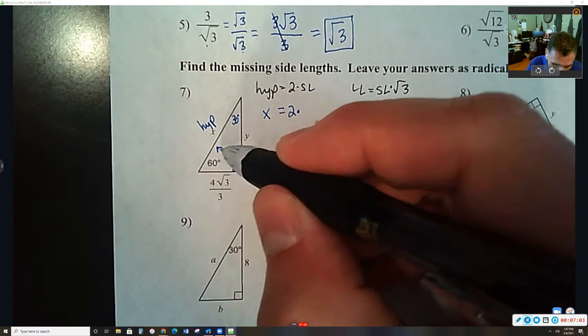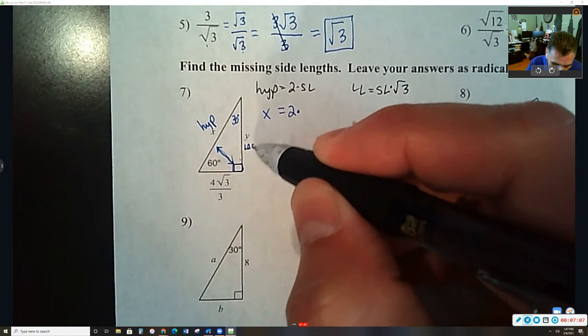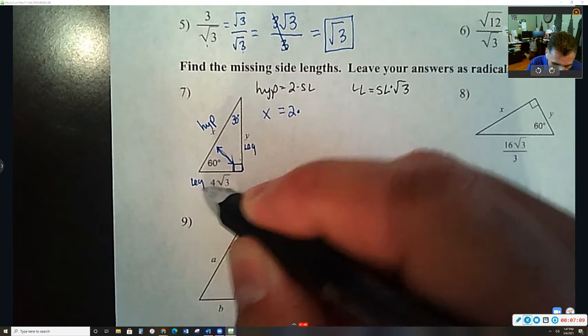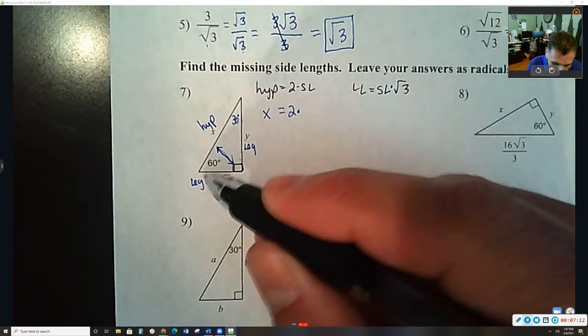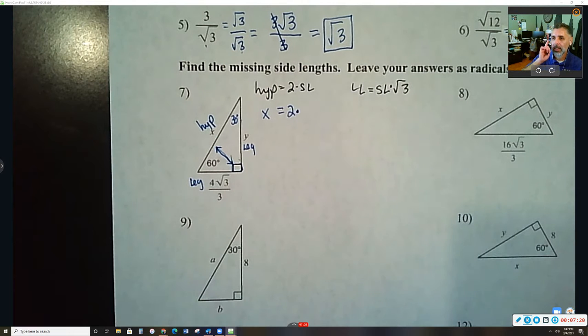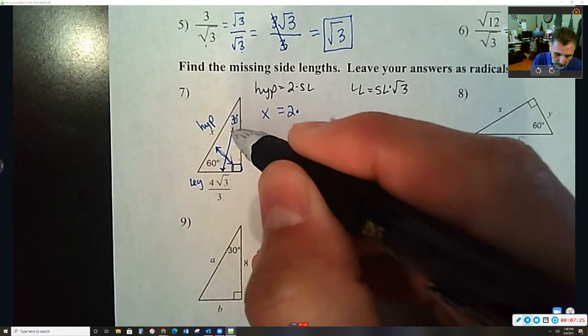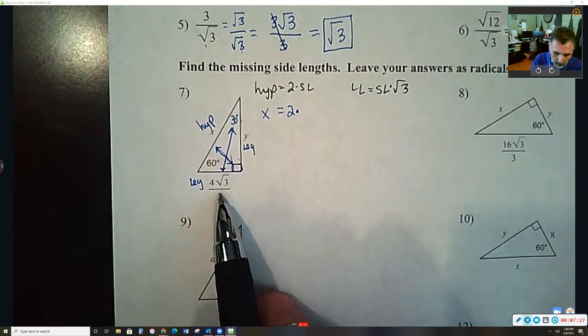Now to figure out which side is the short leg, because again, these two sides are the legs, but one of them is shorter than the other. Okay, to figure out which one the short leg is, just look at the side that's across the 30-degree angle. So here's the 30-degree angle. If you go across from it, this one is the short leg.